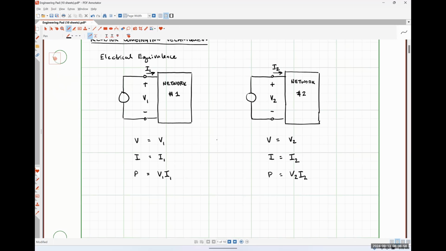If the voltage drop across network one and network two are the same, and the current flowing into network one and network two is the same, and in this case the power has to be the same if the other two are true, the power absorbed by network one and network two are the same, then we call those two networks electrically equivalent, regardless of what is actually inside the network.